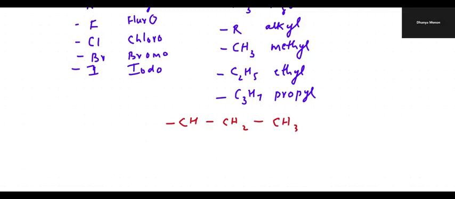So this is a normal propyl because it is a straight chain. In case I have CH3, CH, CH3.